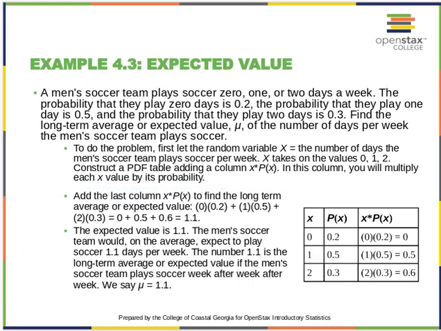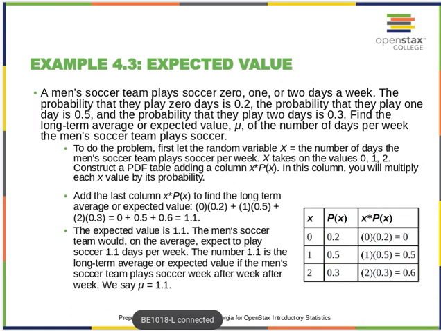Let's walk through a quick example. Our random variable here is x. We have possible outcomes 0, 1, and 2, and the probability of those outcomes, 0.2, 0.5, and 0.3. Our expected value is calculated by x times the probability of x. So, how often do we end up with 0? 0.2, or 20% of the time, right?